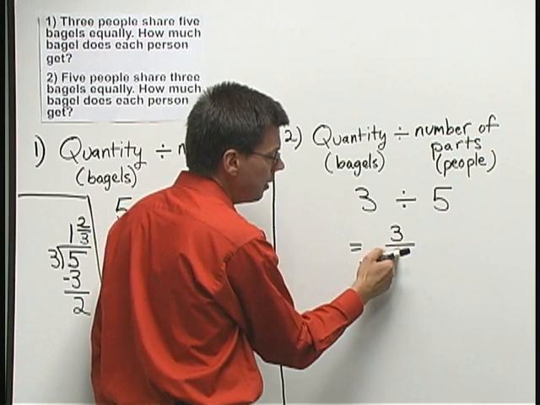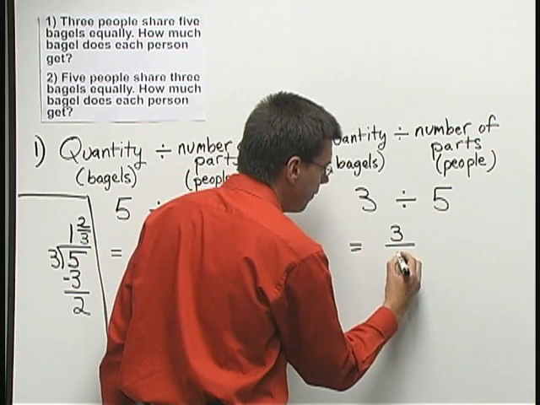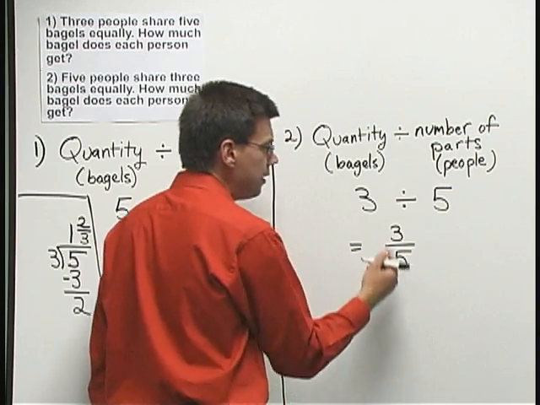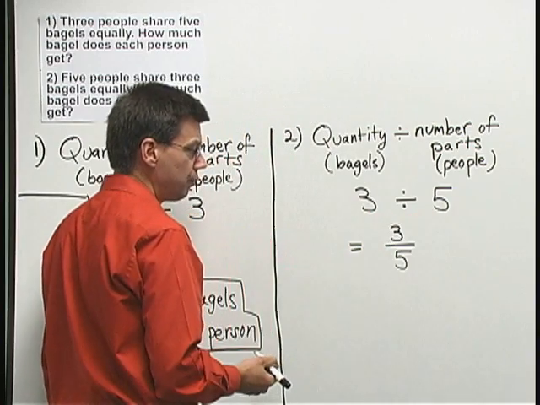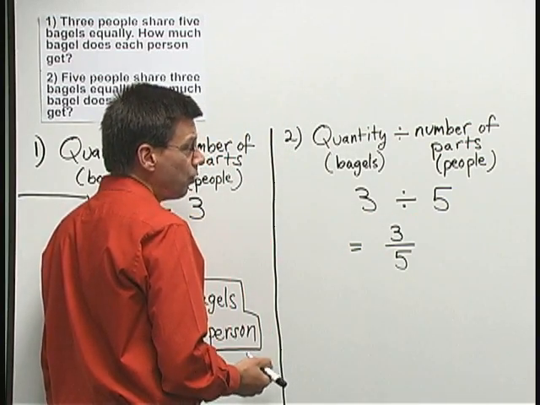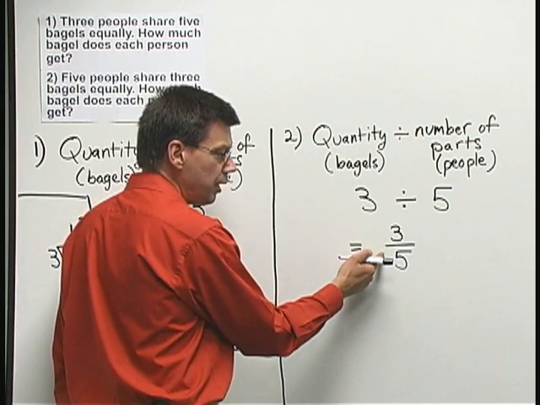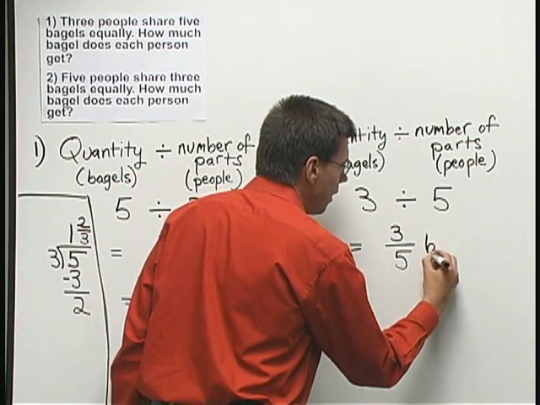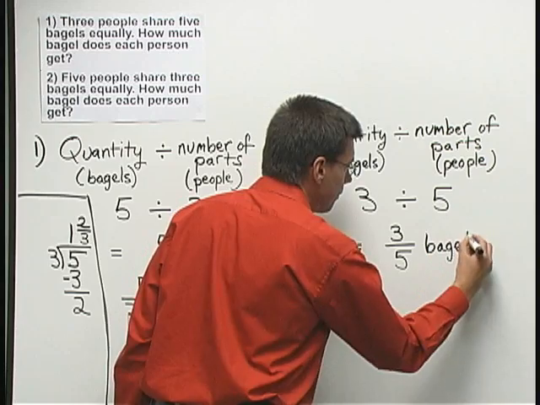We write 3 over 5, the second number in the division when it's written in this way. So each person gets 3/5 of a bagel.